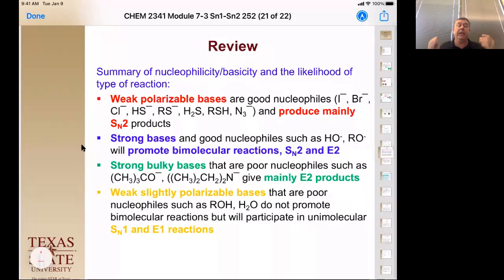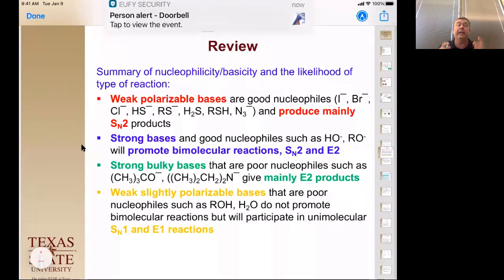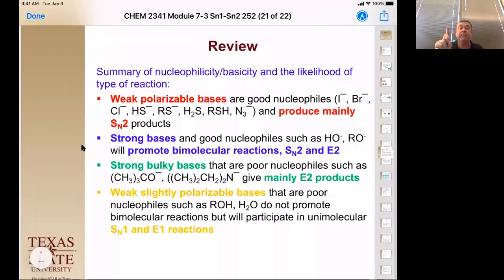That means they will be able to support it in an SN1 or E1 because the first step in both of those is the formation of that carbocation. And you will always have a competition between the SN1 and E1 products in things like water and alcohol. Okay. So if there's no other nucleophile there but a neutral water or alcohol, think carbocation, think E1, SN1, and you have to draw both products.